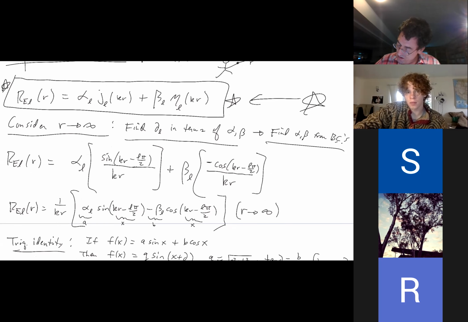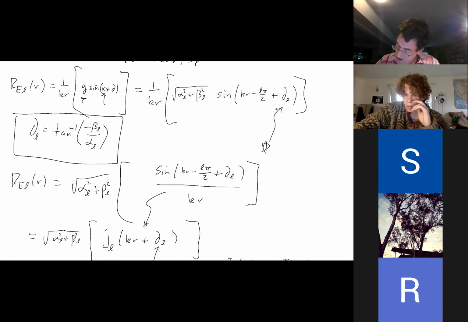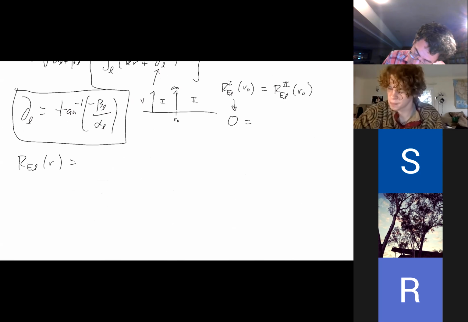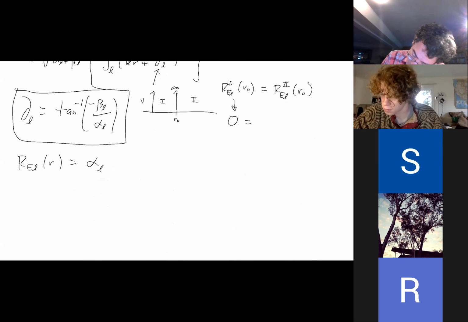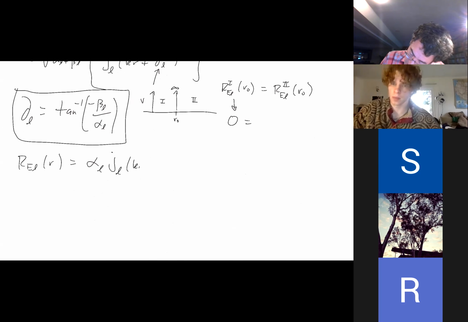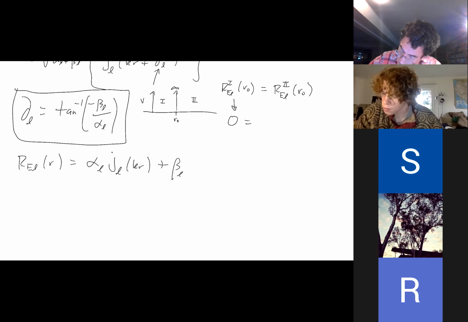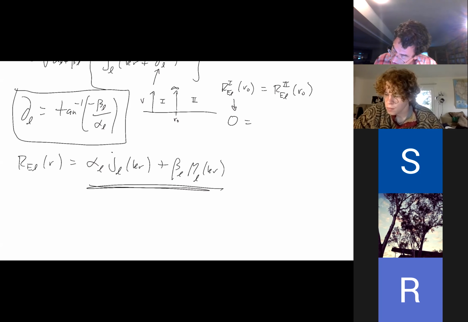So let's go back to this. So let's remember that the general form of the solution is that REL of R is alpha L of JL of KR plus beta L times eta L of KR. Okay, that's the general solution. So let's use this general solution. And so here then, I have 0 equals what?